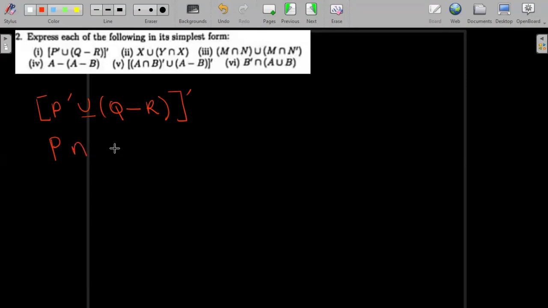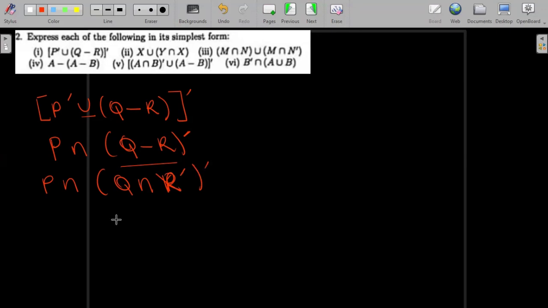So you have intersection here, and you have Q minus R there, then the complement comes here. Now I can deal with what is inside this bracket: Q minus R means Q intersect R complement, like that. Then I have another complement there.